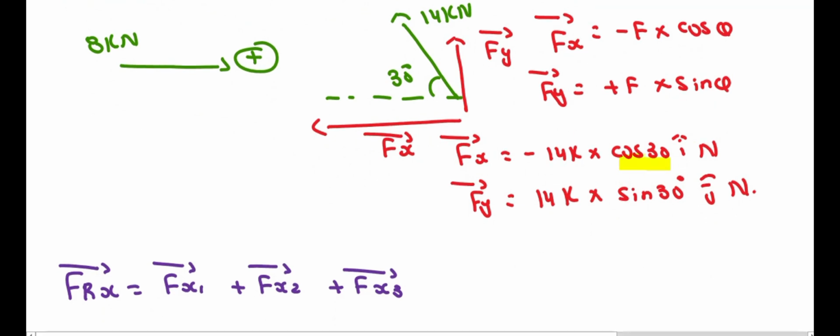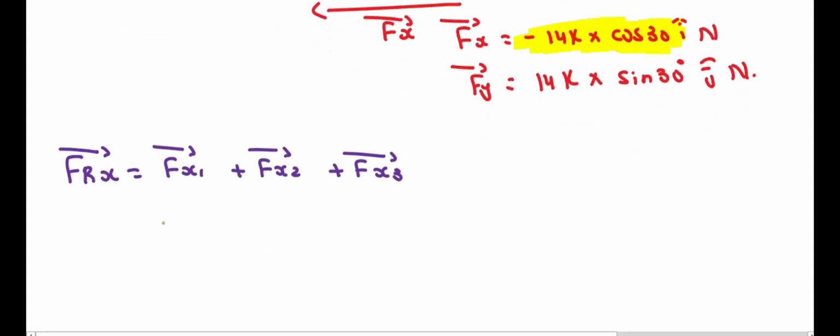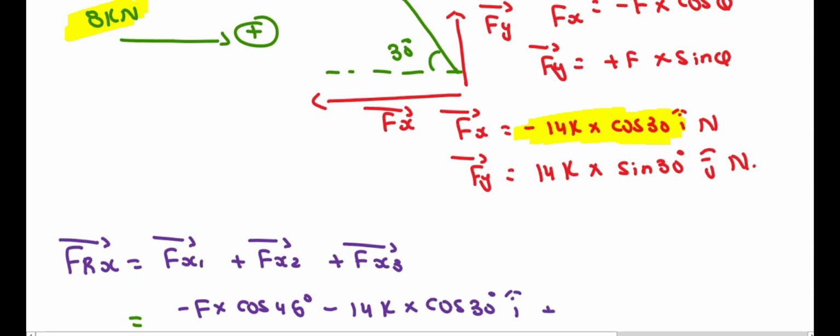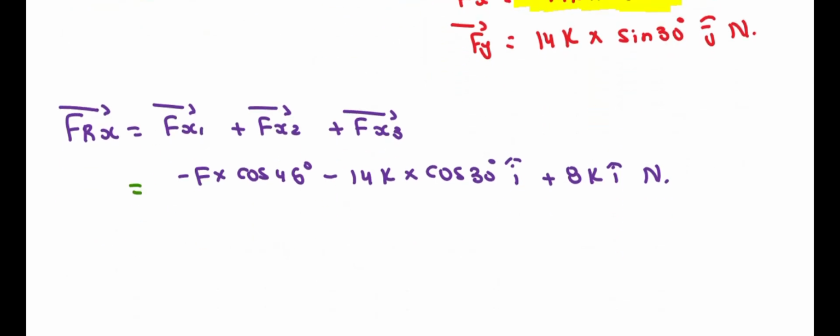This is our Fx2, that is negative 14 kilo cos 30 degrees, and this is our Fx3. So it may be written as negative F cos 45 degrees i cap, negative 14 kilo cos 30 degrees i cap, plus 8 kilo i cap newton, and this is FRx.